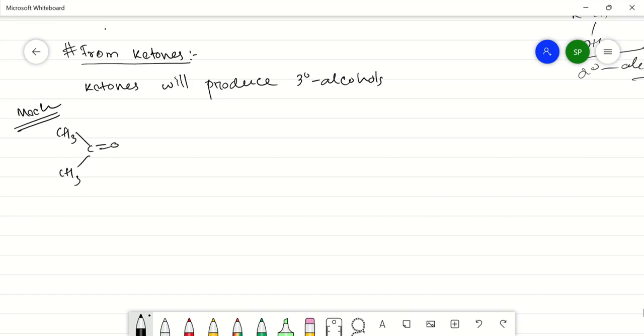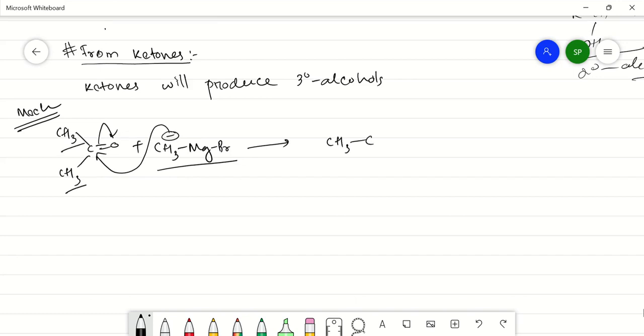Consider this acetone will react with methyl magnesium bromide, CH3MgBr. As we already know, here this is the nucleophile. So this nucleophile will attack the electrophilic center. There are already two methyl groups attached to the carbon and another CH3 group arrives.